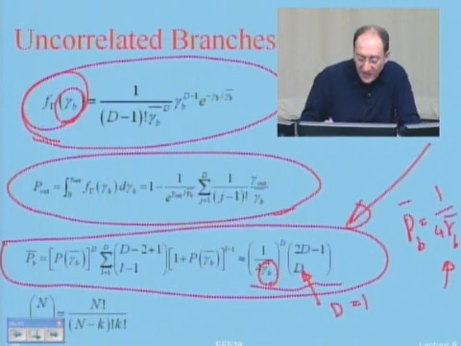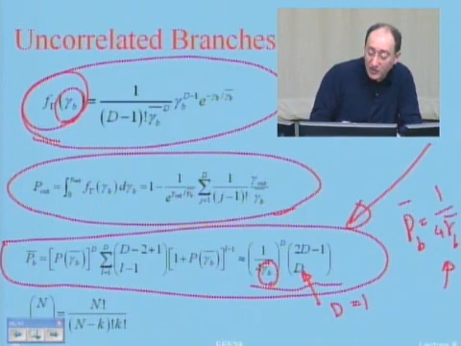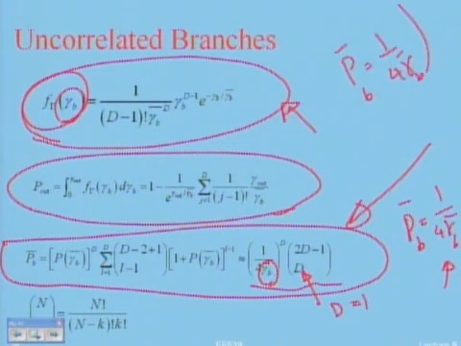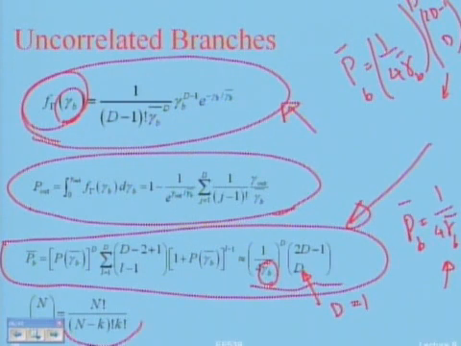Now, the question is, if I take this simple equation, the simplest one, which is P_b average equals 1 over 4 gamma_b average to the power of D, D being the order of diversity, times (2D minus 1 choose D). And this thing is defined in here.